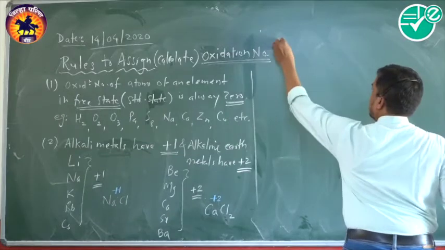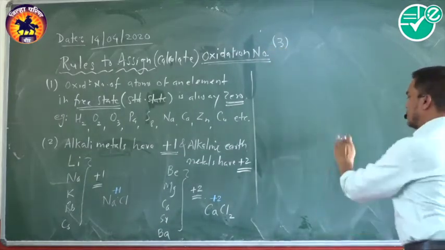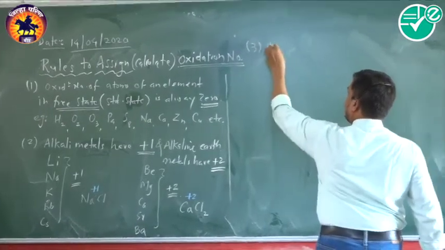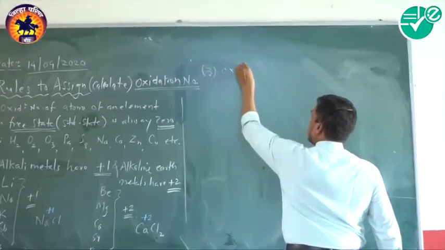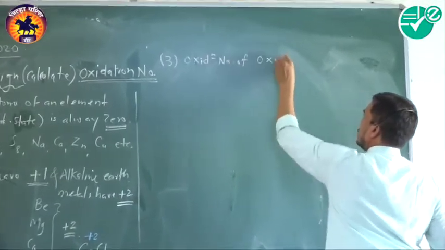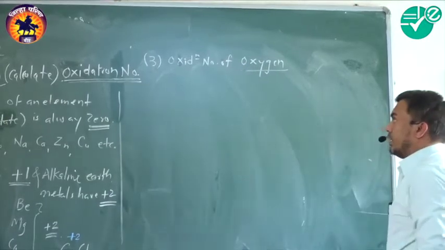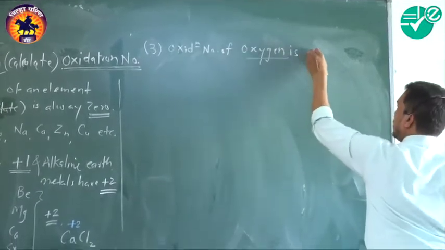Another important rule for assigning the oxidation number: the oxidation number of oxygen, it's very important, is generally -2.